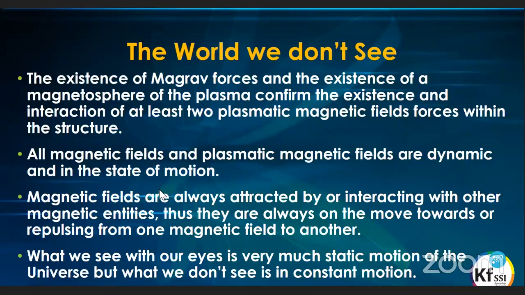So what we see with our eyes around us is very much static motion of the universe, but what we don't see is in constant motion. In other words, what we see as the plants and animals around us, we would consider that static motion. But what we don't see beyond that is in constant motion and interaction.